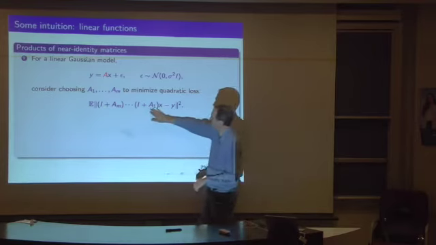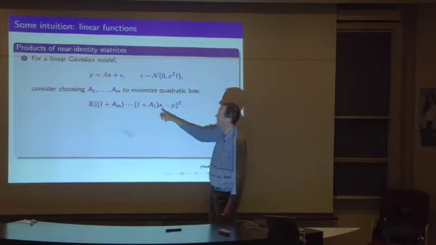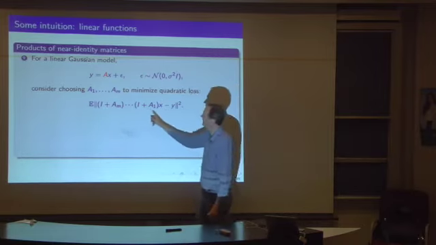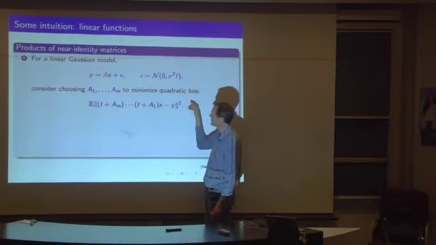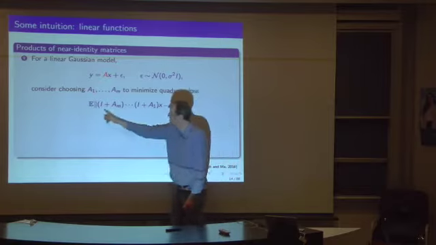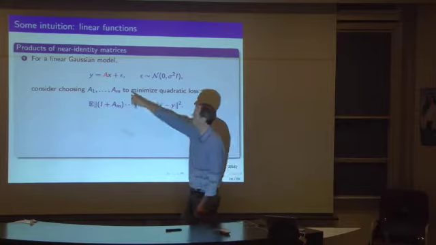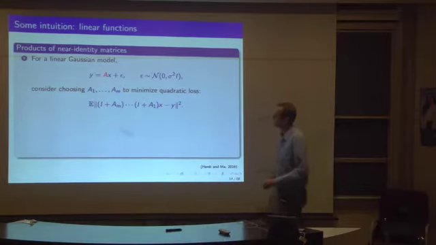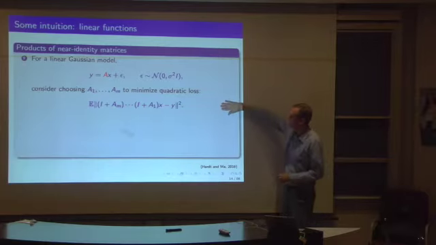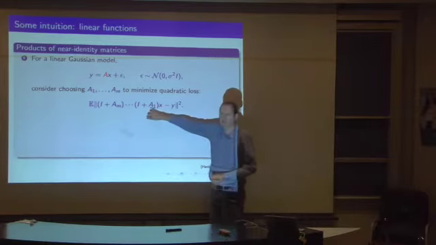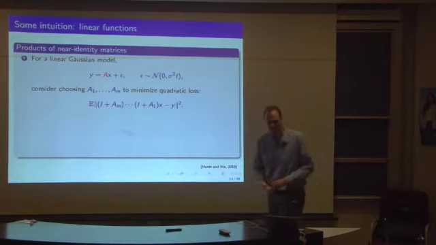So this is our composition of m linear maps here, and we would like to minimize this criterion, which is the expected squared Euclidean norm of the distance between our linear prediction and the actual output y, which is linear plus mean zero noise. Okay, so that's the criterion. It's a quadratic loss. It's not a convex loss in these parameters A1 through Am.